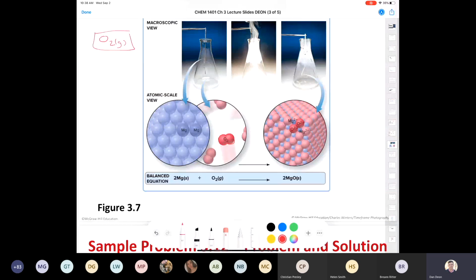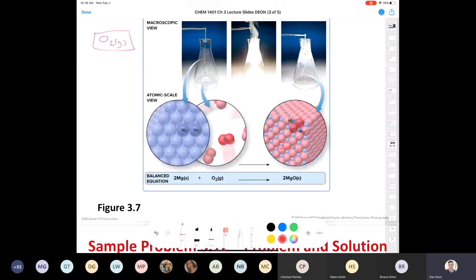It's one of the allotropes of oxygen. So those combine and they make an ionic compound, right? This is ionic. The oxygen gains electrons, and the magnesium loses electrons to form this ionic compound, which is magnesium oxide, which is a white solid. And so that's this crust that you see on the top of the flask, the magnesium oxide.